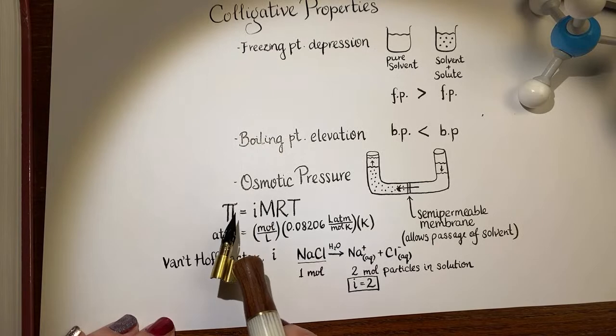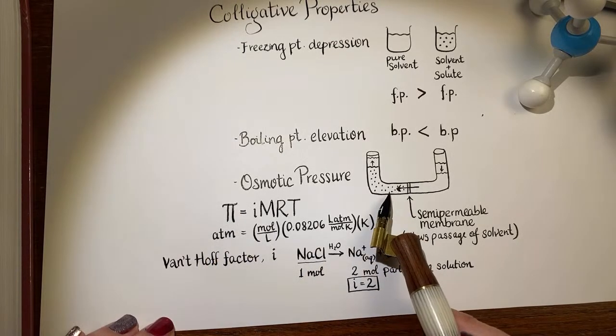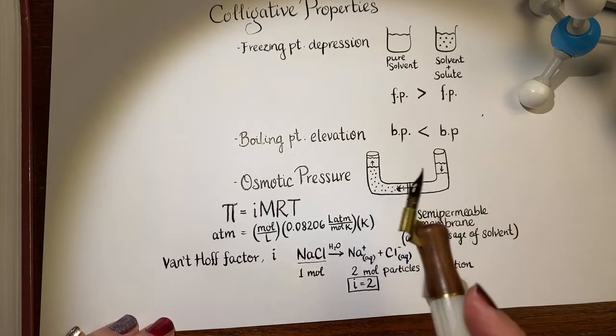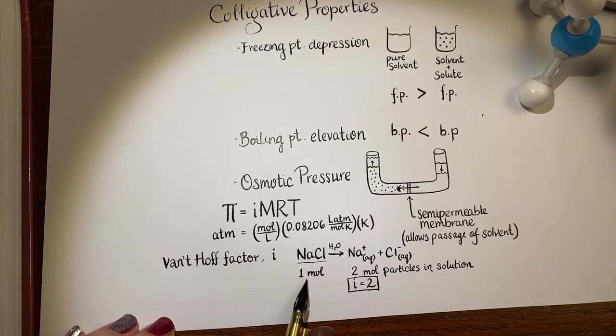Because osmotic pressure depends on the total number of particles. So if you have a 1 molar solution of sodium chloride, that's just referring to the single unit, formula unit of sodium chloride. But effectively, you end up with 2 particles in solution.